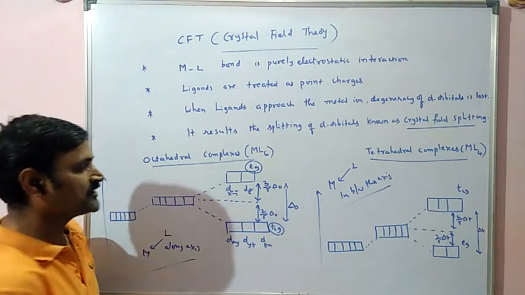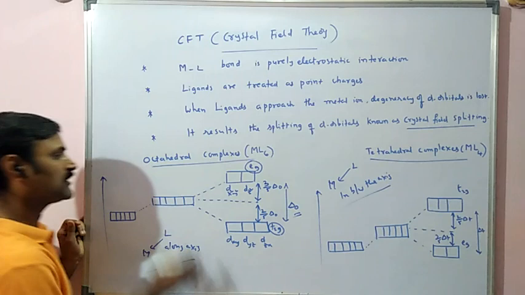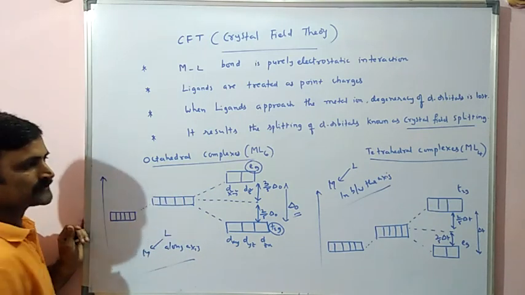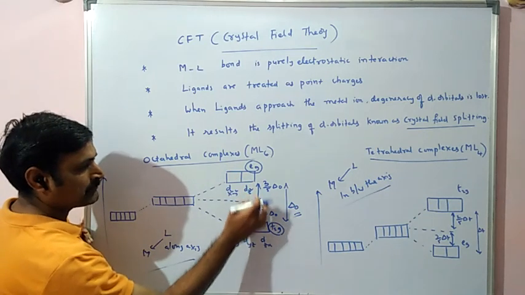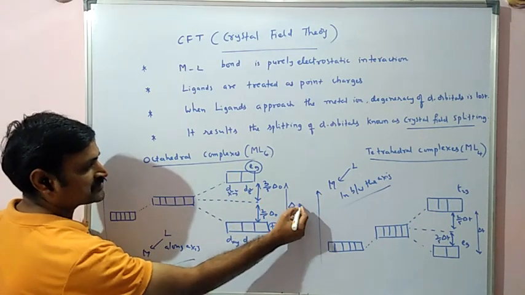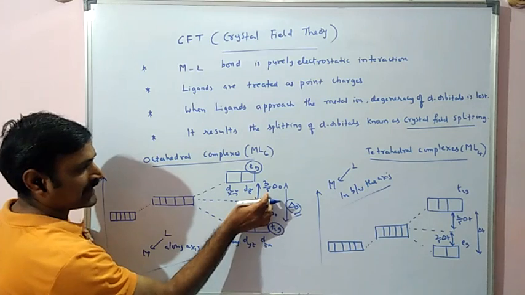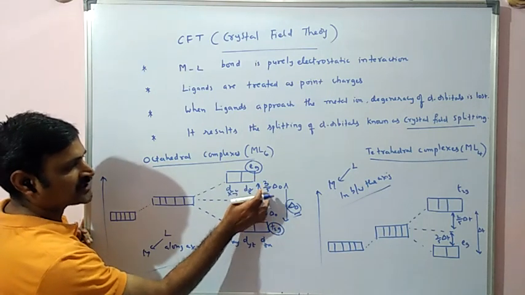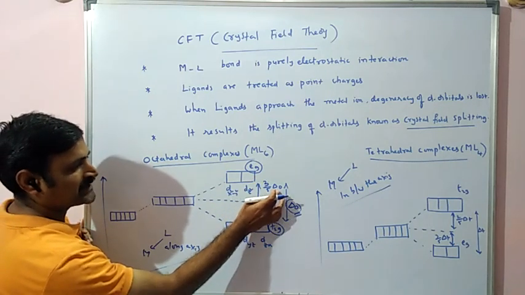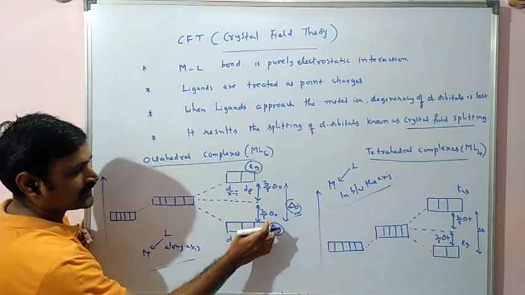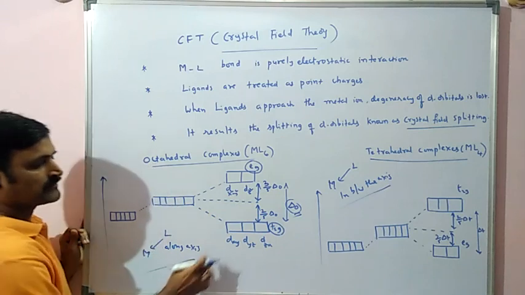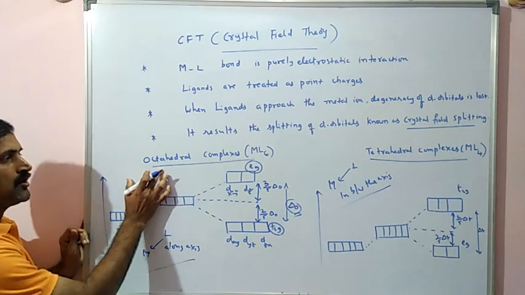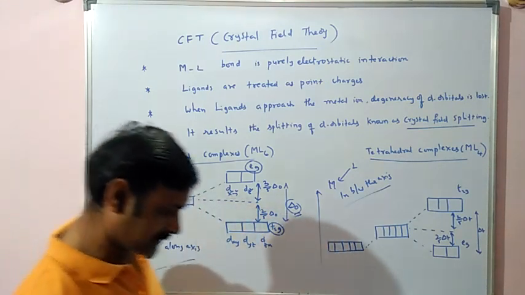The energy barrier is denoted with delta naught for the octahedral complexes, and the rise in the energy of the eg orbitals is 3 by 5 delta naught, and the decrease in the energy of t2g is 2 by 5 delta naught in this crystal field octahedral complex study.